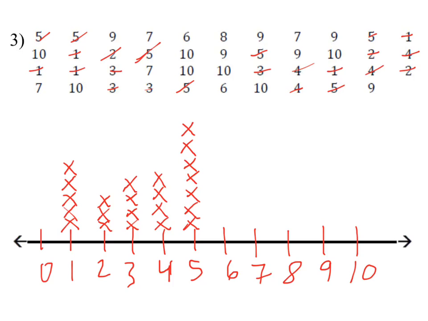And 6's, there are 2 of those. And then the 7's, there's 4 7's. And then 8's, there's 1. 9's, there's 6 9's.